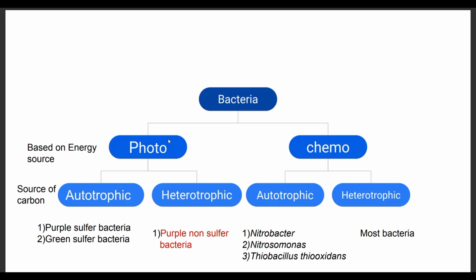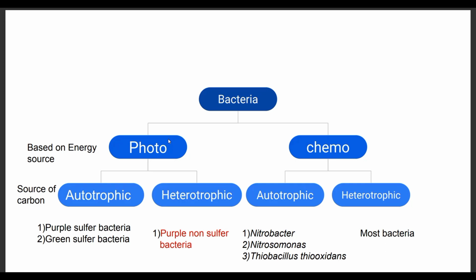What is the energy source? Inorganic chemical. Carbon source is inorganic carbon or carbon dioxide. Examples, Nitrobacter, Nitrosomonas, Thiobacillus thiooxidans. When you write, you have to underline. These are scientific names. Clearly, you have to underline that.